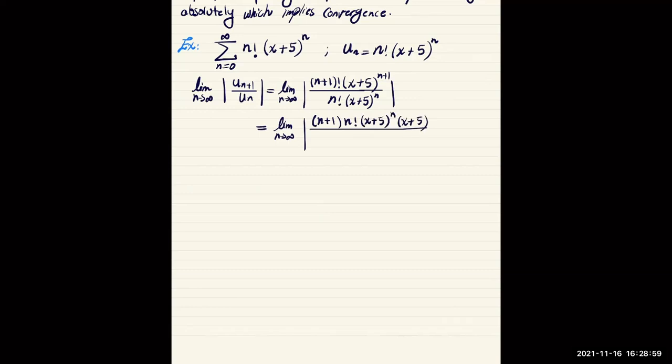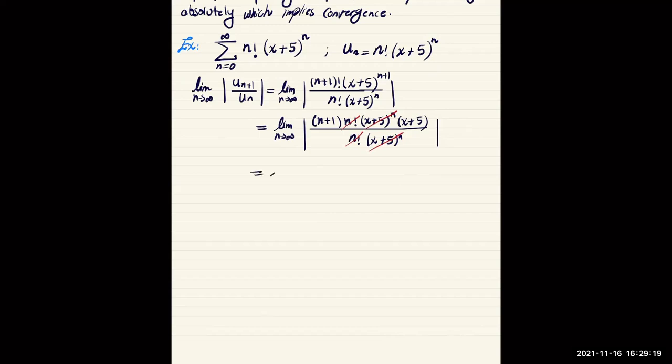And leave u sub n untouched because it's just going to get canceled. Okay, now do the cancellation: the factorials cancel, and (x plus 5) to the n cancels.